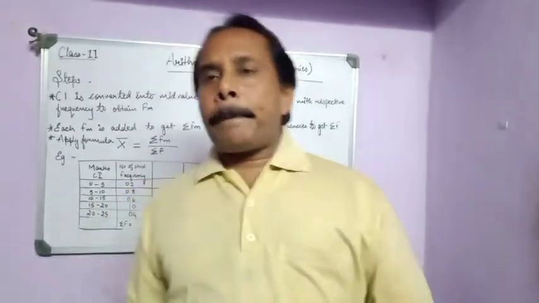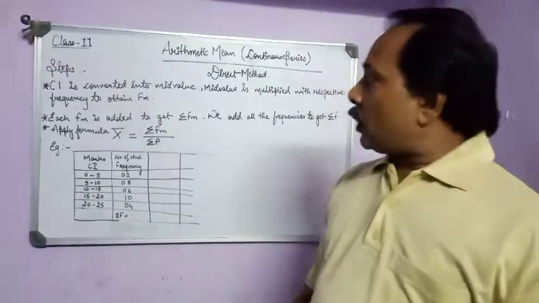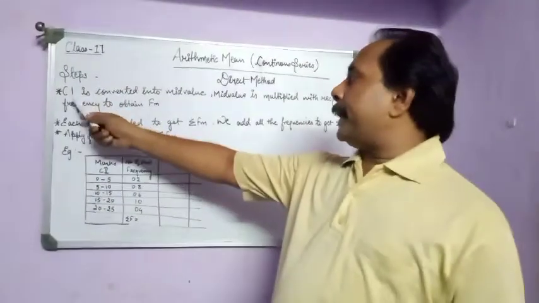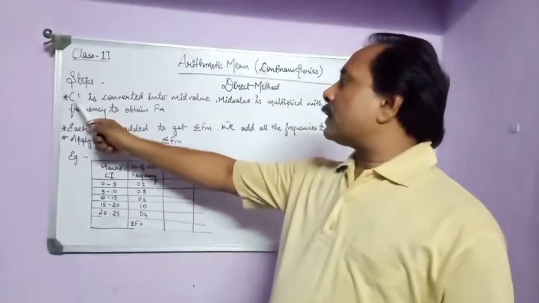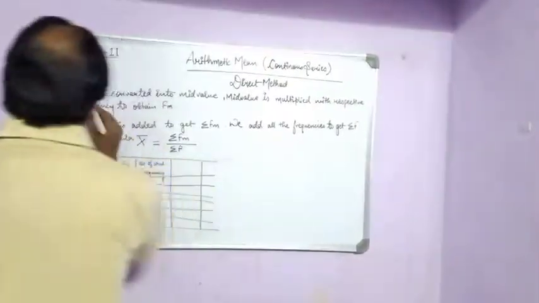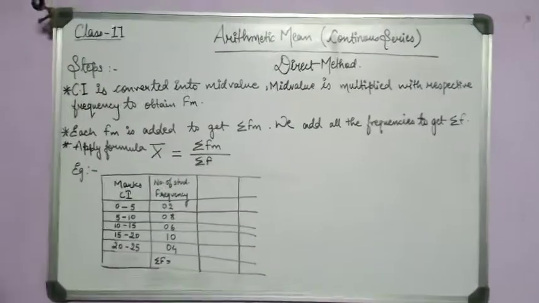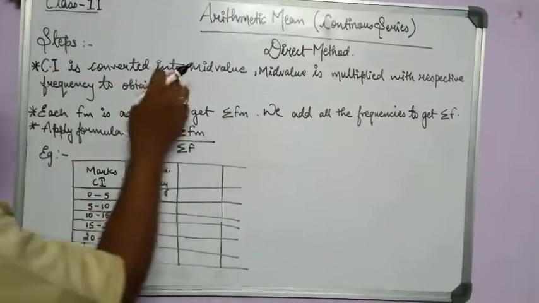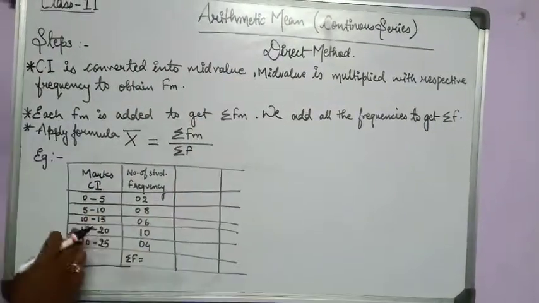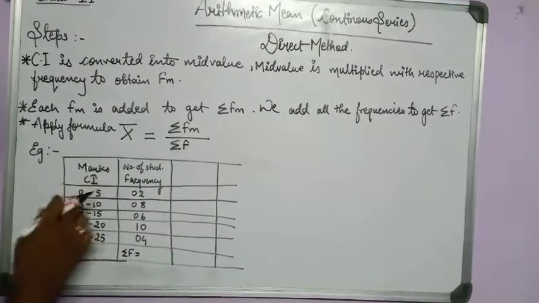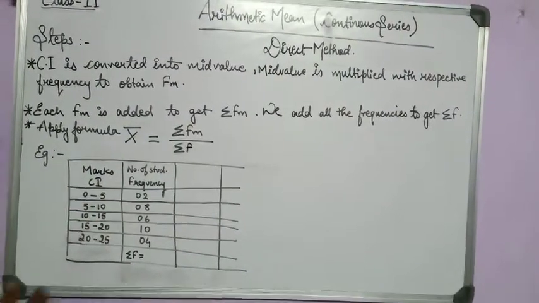The same thing happens in this case. So the first point: the class interval, that is the CI, is converted into mid value. So first convert.